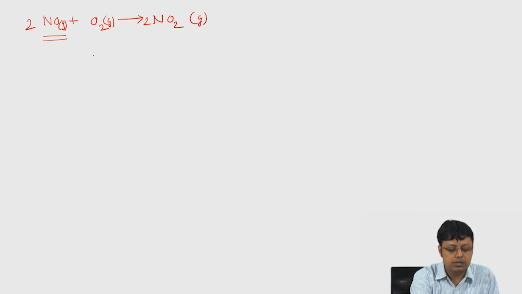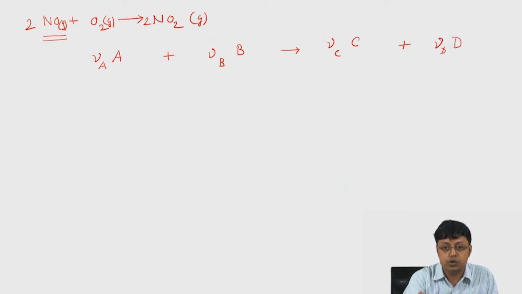For example, a very general equation like nu A of A plus nu B of B going into nu C of C plus nu D of D. These are the stoichiometric coefficients nu A, nu B, nu C and nu D. We talked about it when we discussed the reaction quotient under chemical equilibrium.